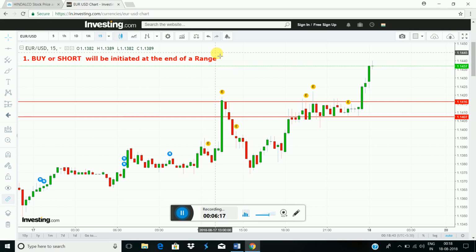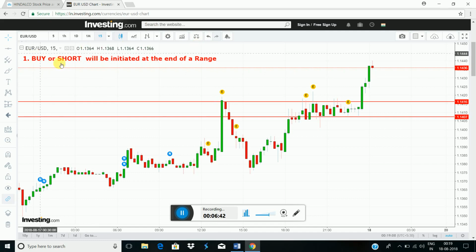If you see that the range is being formed for a certain time and then there is exhaustion in that range, there are dojis, there are hammers, and there are other exhaustion candle patterns with long wicks, then you can analyze and come to a conclusion that the range is about to end. So buying or shorting will be initiated at the end of a range.